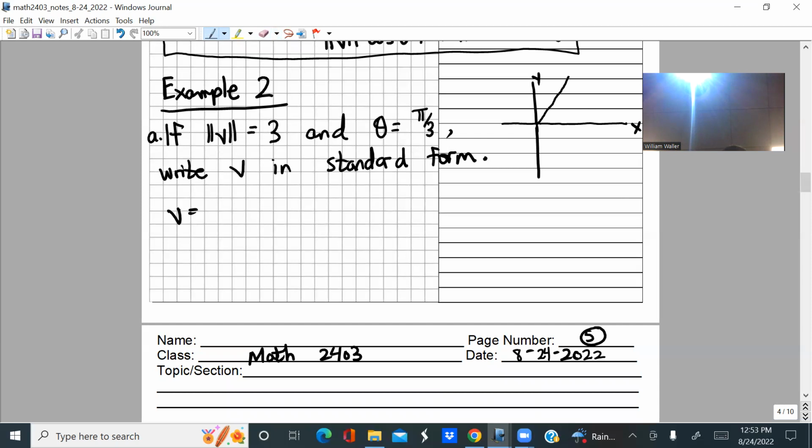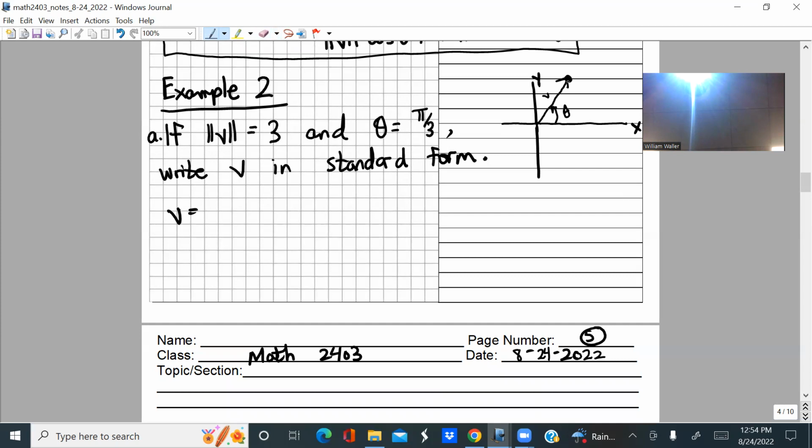Here's the vector v, its angle is pi over 3, and its length, its magnitude, is 3.